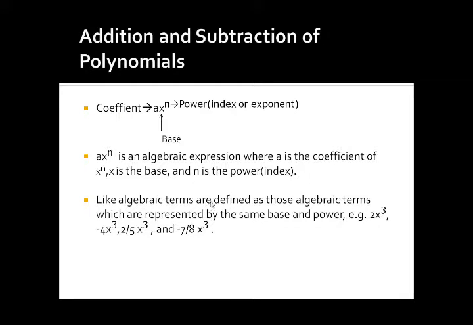Like algebraic terms are those algebraic terms which are represented by the same base and power. Example, 2x cubed, minus 4x cubed, plus 5x cubed, and negative 7 over 8 x cubed.